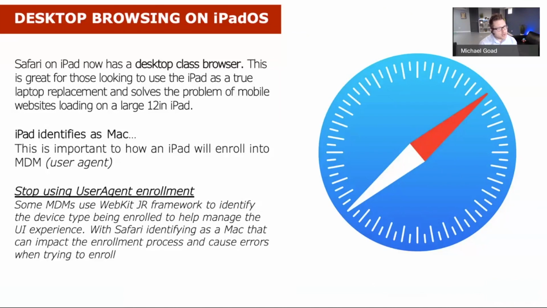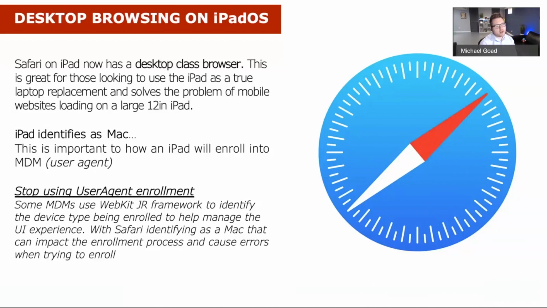The biggest thing around iPadOS is that it can change the enrollment process for some MDMs. Some MDMs use the WebKit framework, and what that does is identify the device type being enrolled.